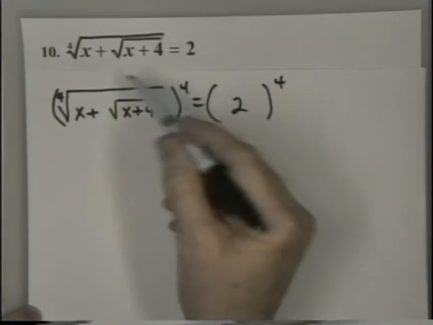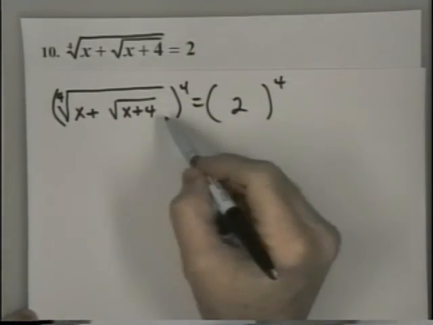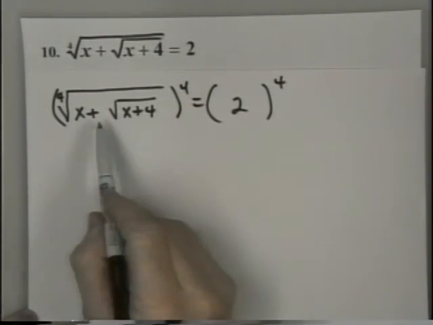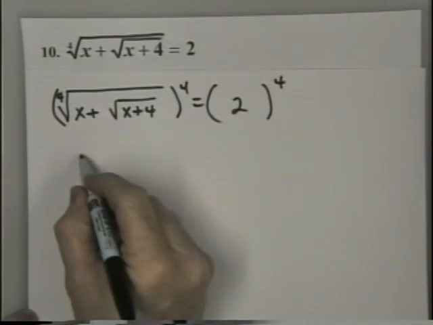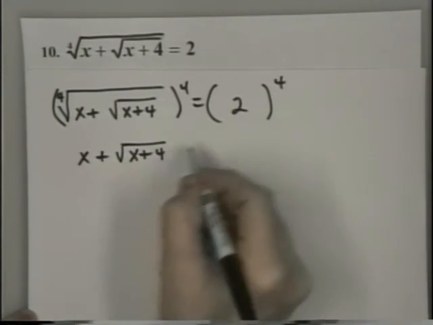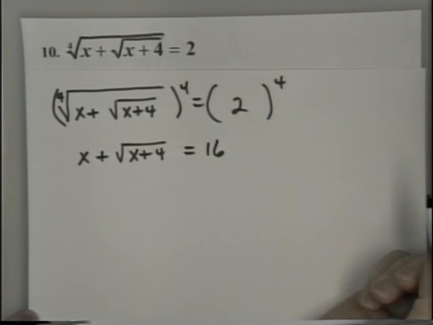And of course, if you take the fourth power of the fourth root of anything, you're going to get that radicand, whatever it is. So here, it's x plus the square root of x plus 4 equals 2 to the fourth, which is 16.